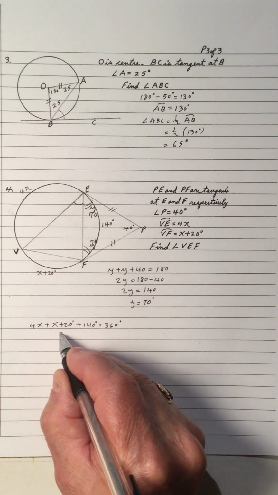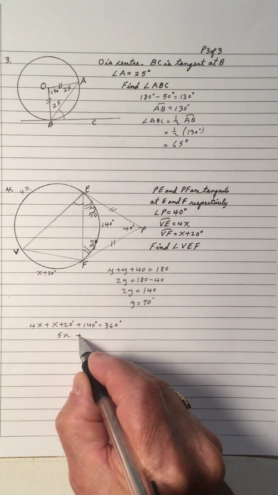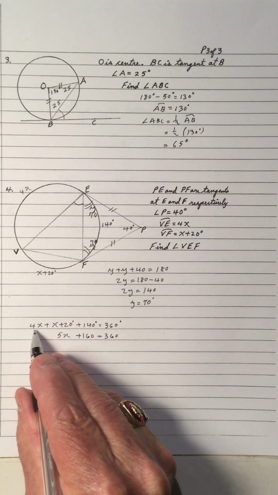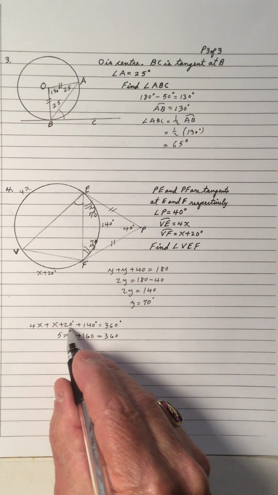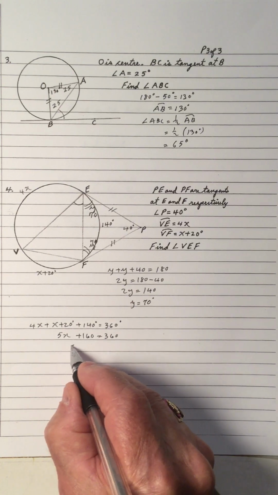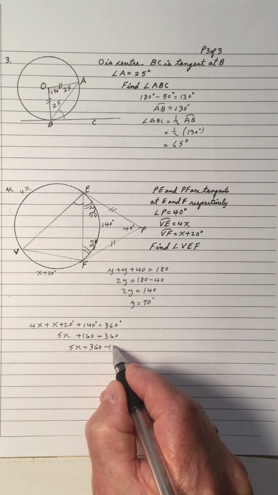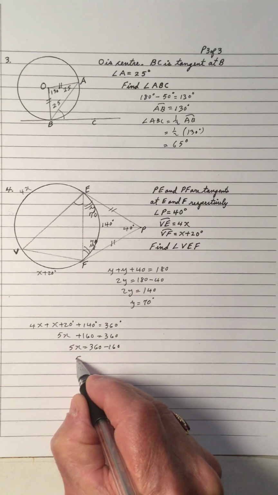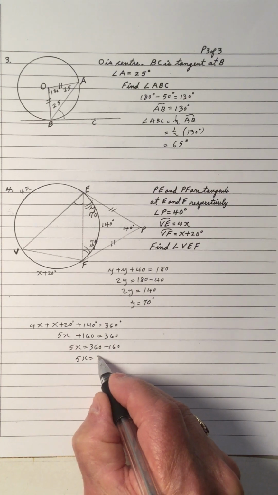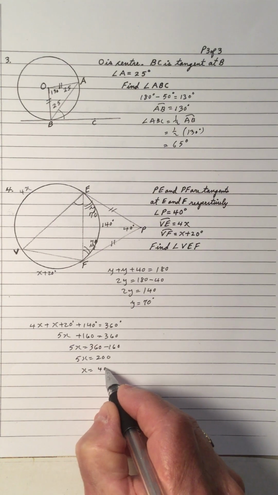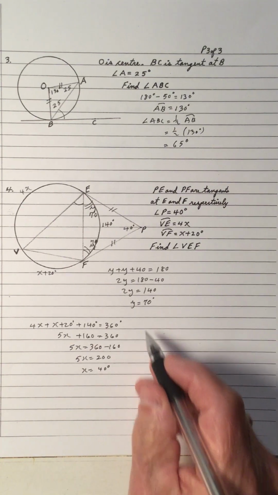So we add the left side up. 4x plus 1x is 5x. 20 plus 140 is 160. So 5x is 360 minus 160. 5x is equal to 200. Divide by 5, x is equal to 40. So we have what x is.